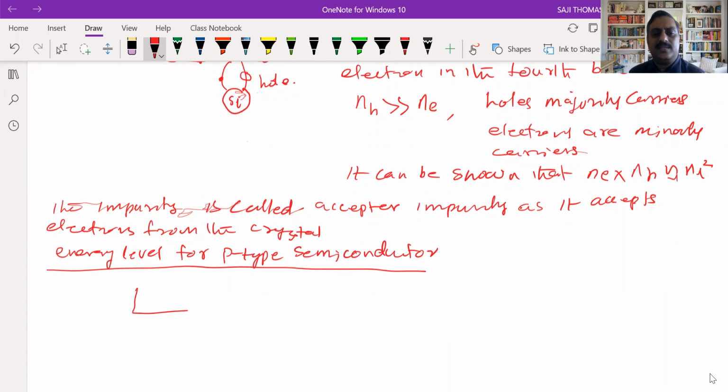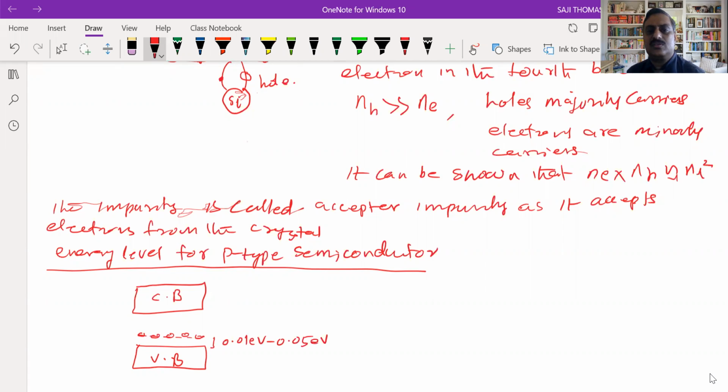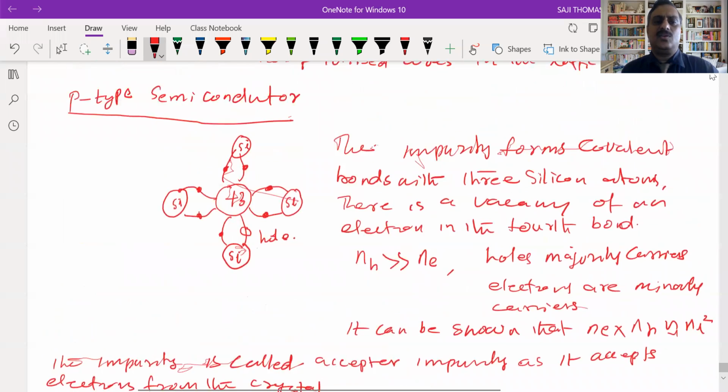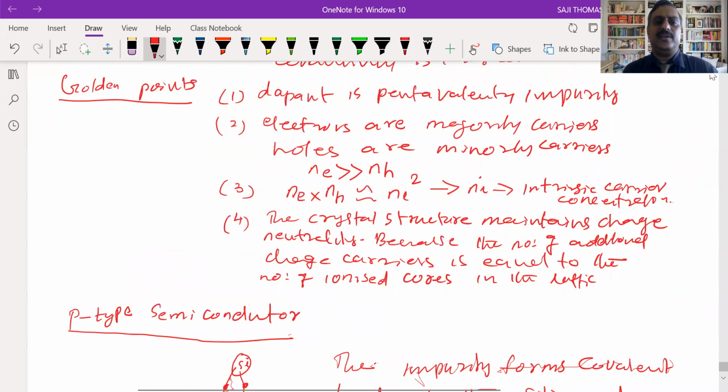I am drawing the conduction band and valence band; the holes form an energy level here, and this value is 0.01 electron volt to 0.05 electron volt. In the previous case also, the donor energy level value is from 0.01 to 0.05 electron volt.